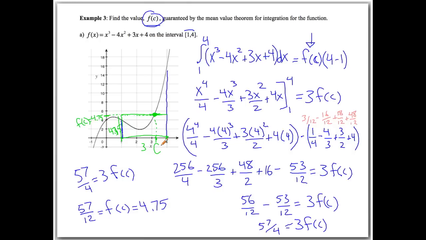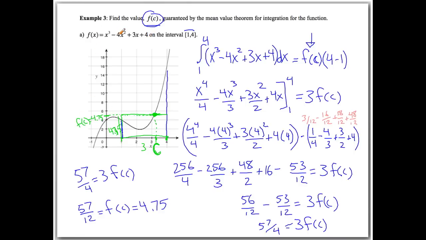Now, this problem doesn't ask us to find c specifically, but let's go ahead and talk about that because I'm curious. Here we had our f of c, it was 4.75, and we want to know, well, where does this function equal that? And that would be finding our c value here. So how would we go about doing that? Well, we do know that f of x equals x cubed minus 4x squared plus 3x plus 4, and we also know f of c is 4.75.